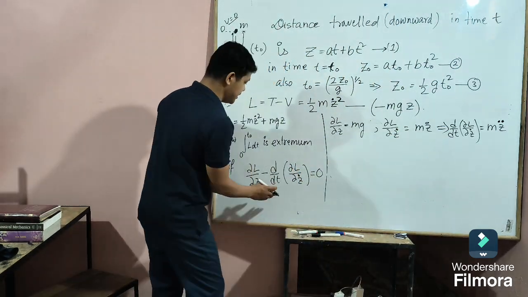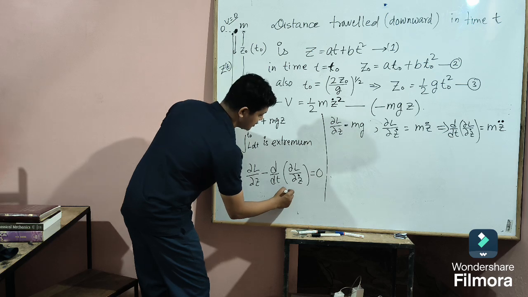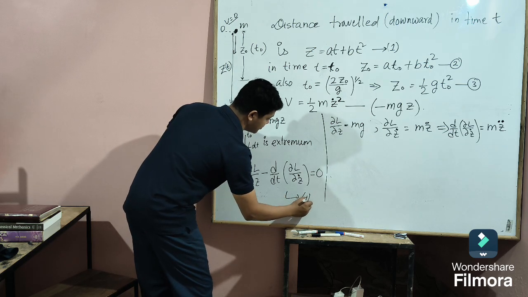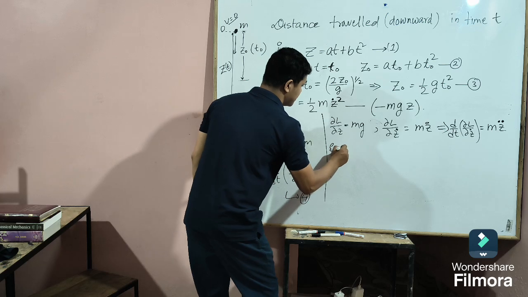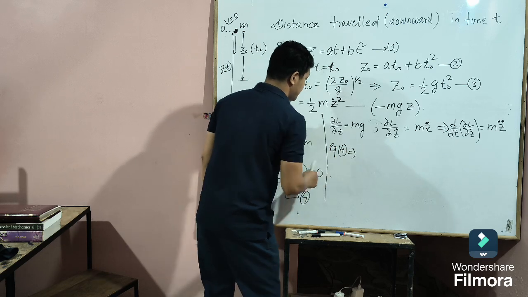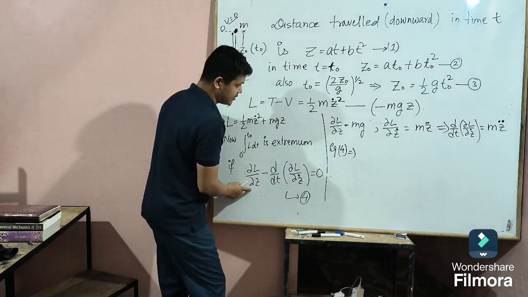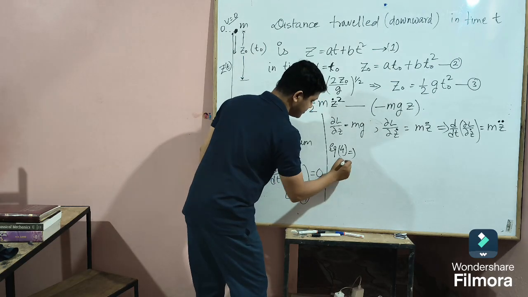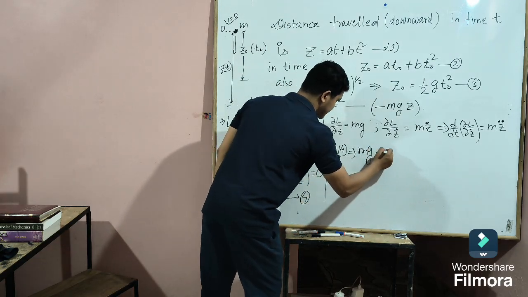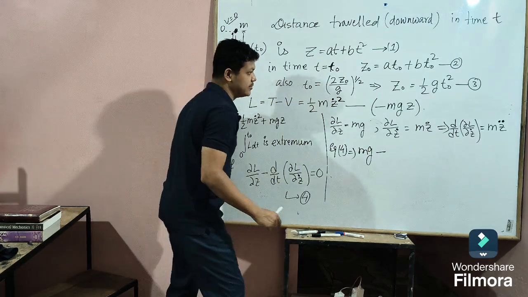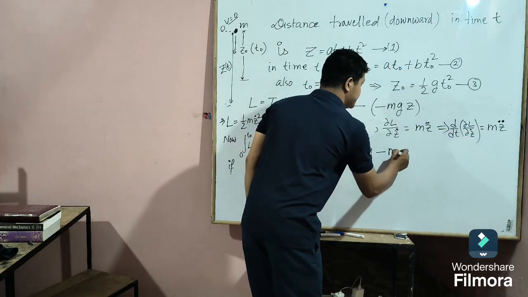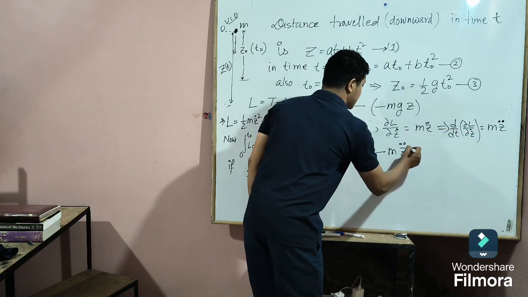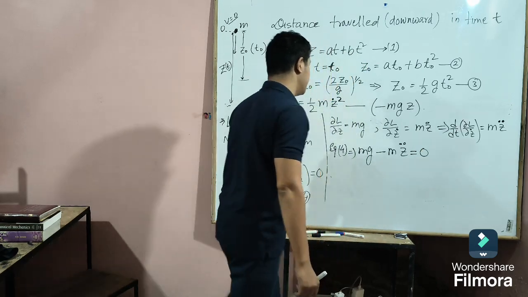Now using these values in this equation, let me take this as equation number 4. Using these results in equation number 4 implies ∂L/∂z will be replaced by mg, minus this term will be replaced by this value m z double dot, equal to 0.